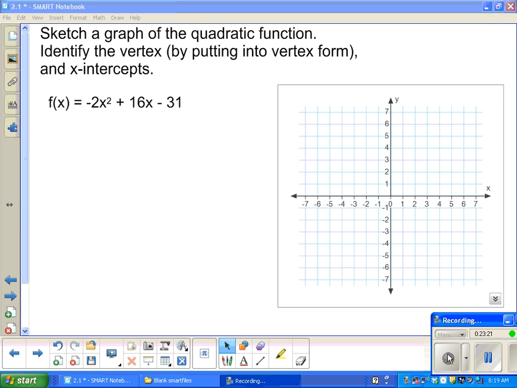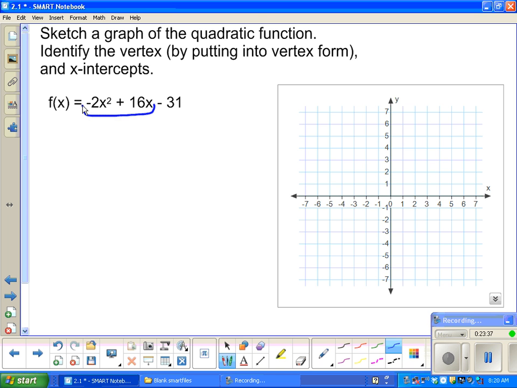All right, so again, we have to put it into vertex form. This time our a is negative, so we know that it's going to have to open down eventually. But we have to put it into vertex form, so we're going to complete the square. So out of this part, I'm going to factor out a negative 2.